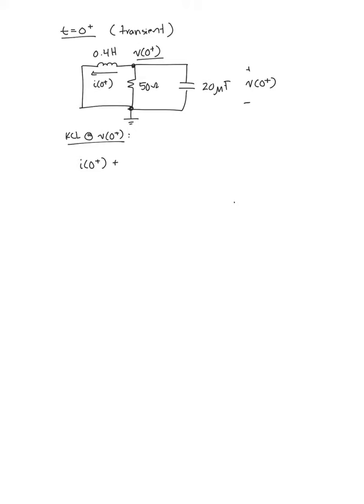Current through the 50 ohm resistor is V0 plus minus 0 over 50. That is also known. Then the current through the capacitor is given as C times the first derivative of the voltage across the capacitor, dV0/dt. So this is known, and C is known, so we can rearrange this and solve for dV/dt, and that has to be 0 volts per second in this example.